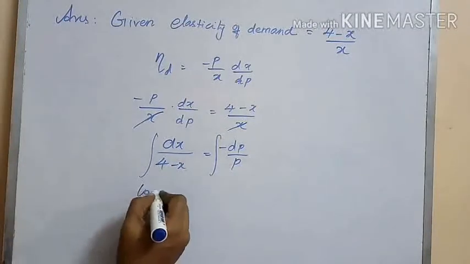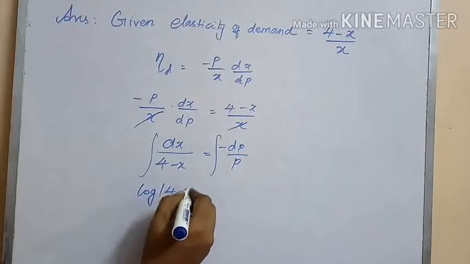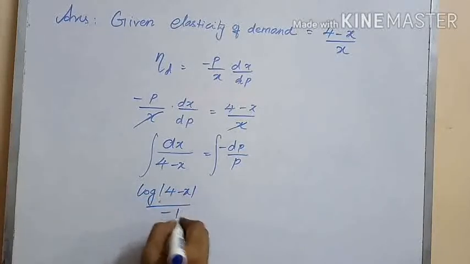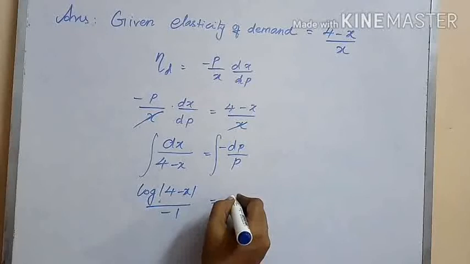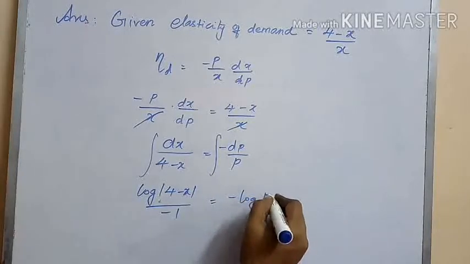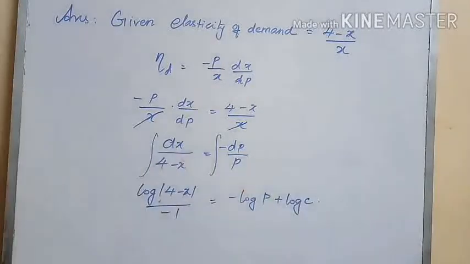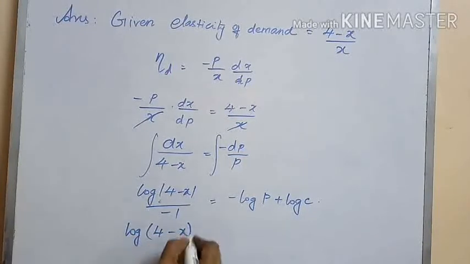we get log of modulus (4 - x) by minus 1, the internal differentiation, is equal to minus log p plus log c. This negative sign will get raised to the power.